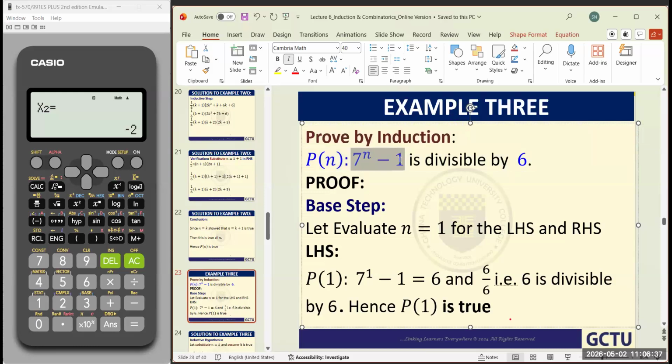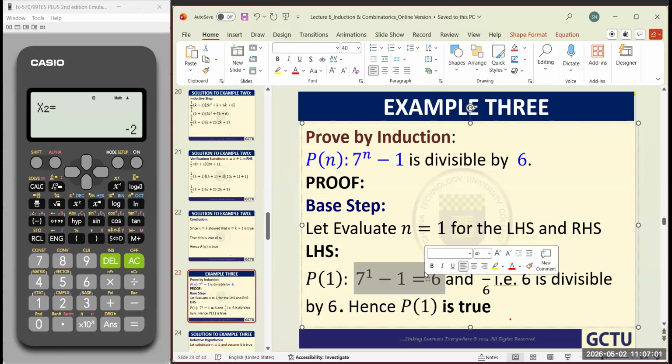If you have 7 to the power n minus 1, is it true that this function P of n is divisible by 6? Now, what is my base step? Remember, we are going through 3 steps. n is equal to 1. So when we substitute 1 here, we are going to get 7 raised to the power 1 minus 1. Now, 7 raised to the power 1 is 7. Minus 1 will give you 6.